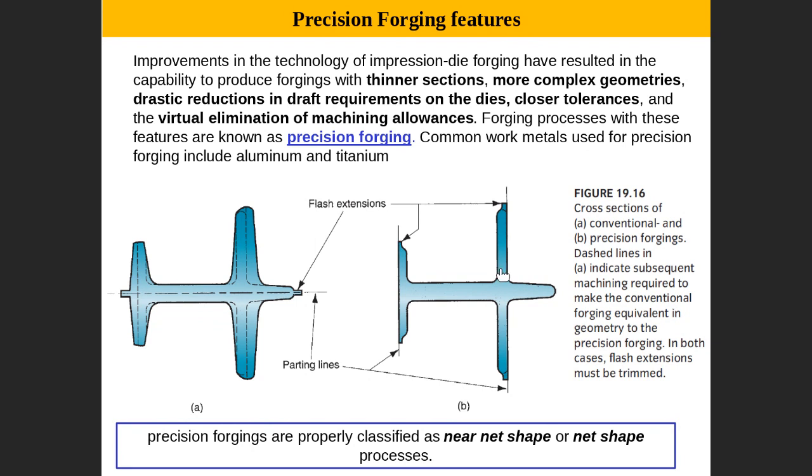If you can achieve this one directly, we call it precision forging. So precision forging operation is to reach this one directly by forging and to eliminate or at least minimize the required machining after the forging operation.